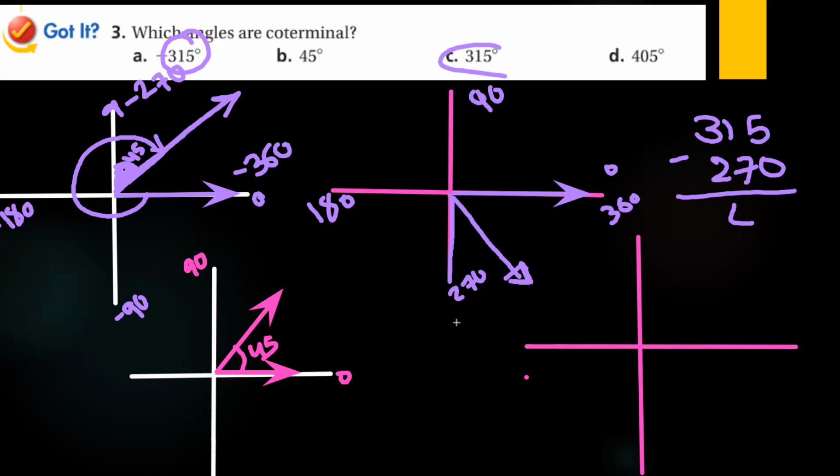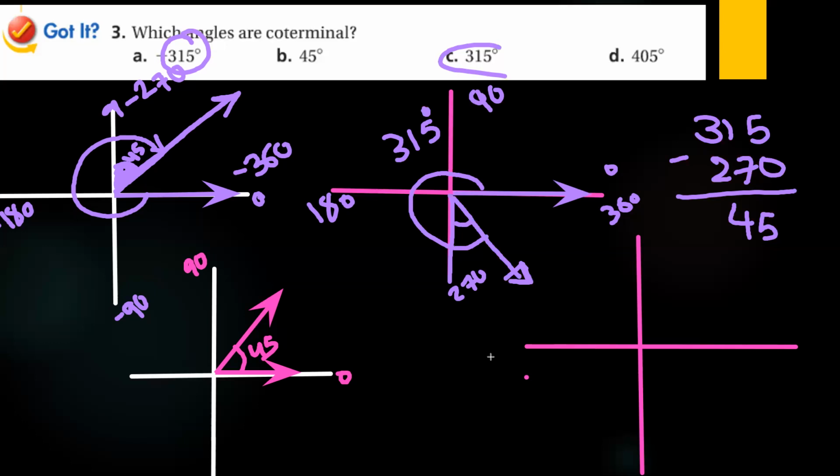After you subtract them, you will find that it is after the negative y-axis with 45 degrees. So here we have positive 315. So here is the initial side, the terminal side.